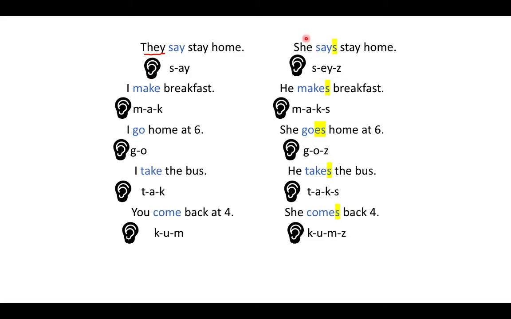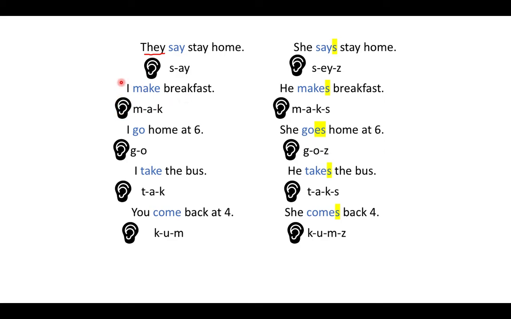This one, because it's she, we have to add the S at the end. She says stay home. Even though it's spelled similarly, the A makes an eh sound, like an E. So this one is pronounced says, with a Z sound at the end.